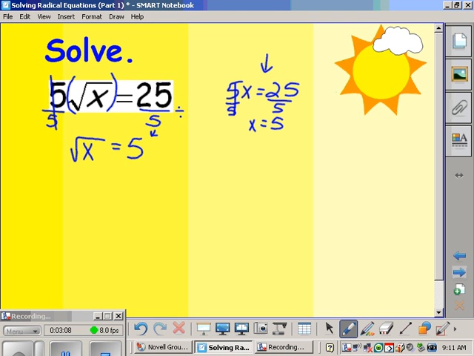So now this looks similar to the last problem we did. We're simply trying to figure out what number, if we take the square root of it, would give us an answer of 5. Remembering our perfect squares, square root of 9, square root of 16, we'll stop at the square root of 25.